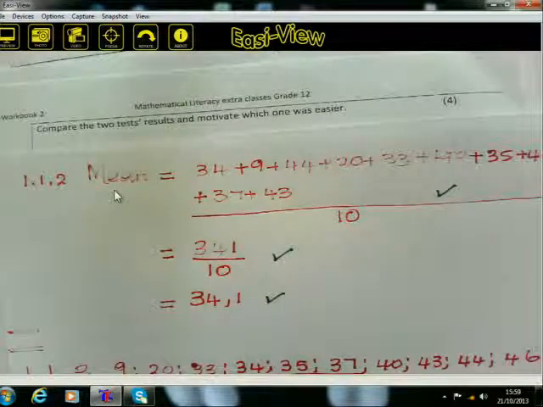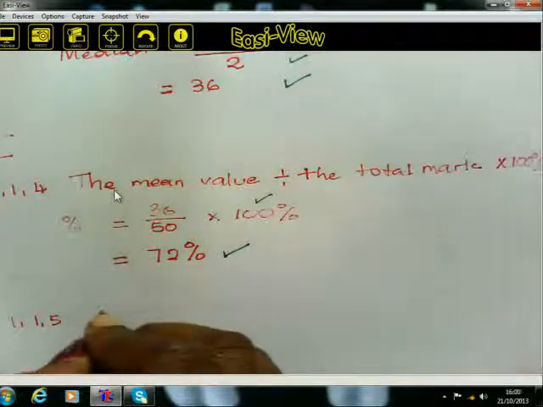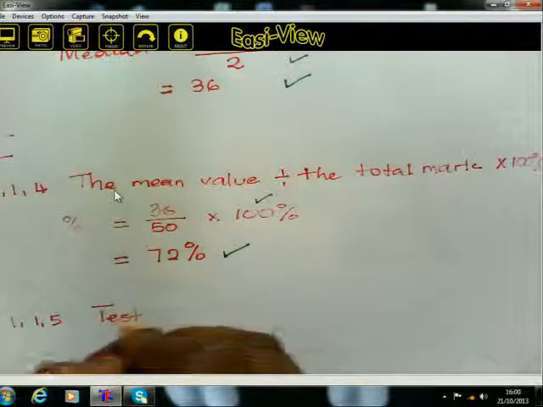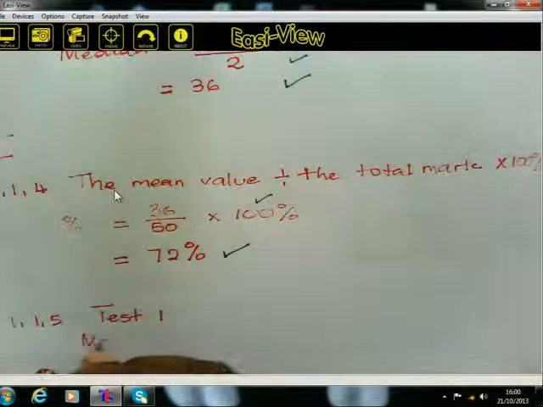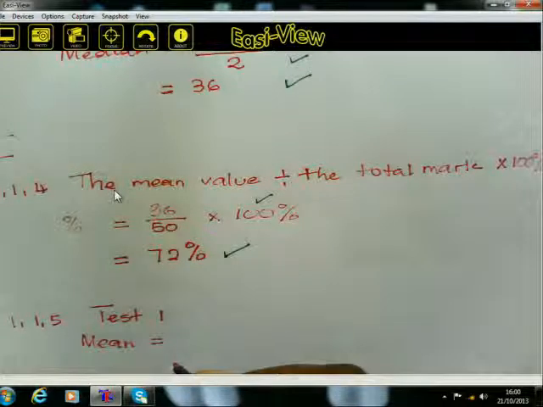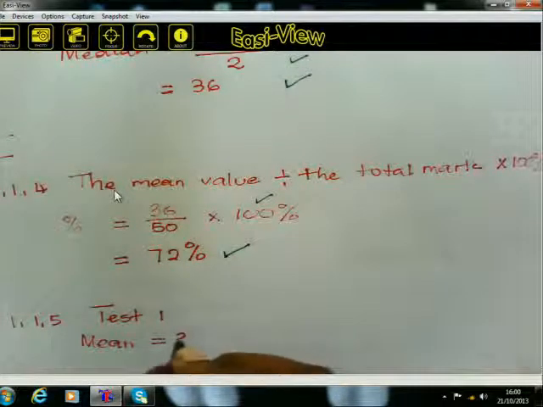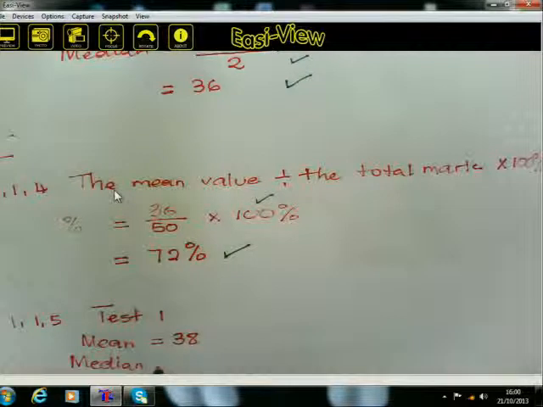Remember we were given the first test, saying mean is 38, median is 35.